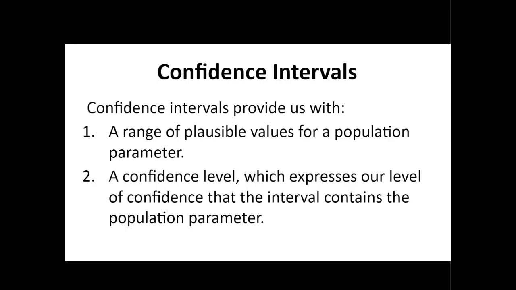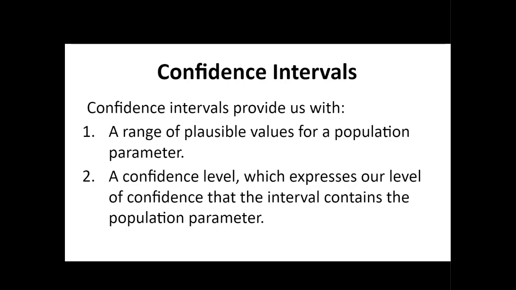We understand that there's some degree of error. We think that the true population proportion is this one that we calculated. We can't be sure because there's error, but we can say with some degree of certainty, either 80%, 85%, 90%, 99% certainty, whatever it is, that the true population proportion lies within this low number and this high number.